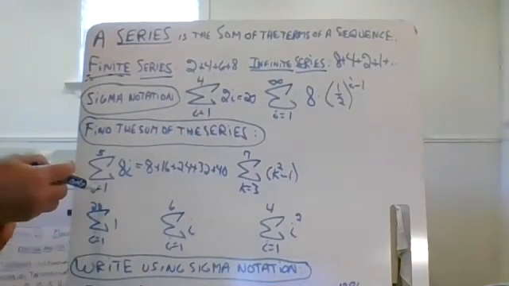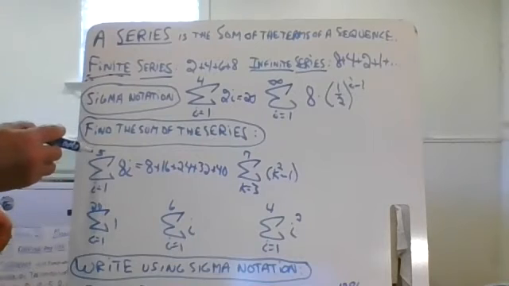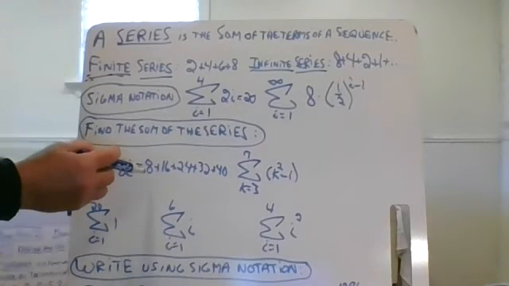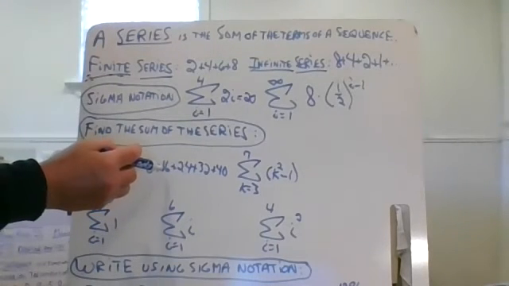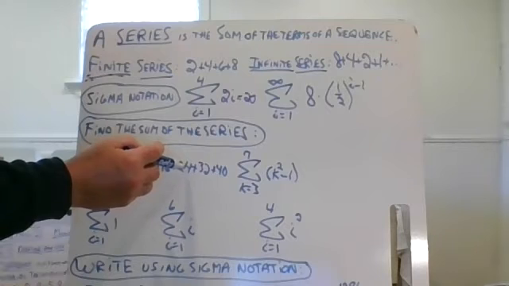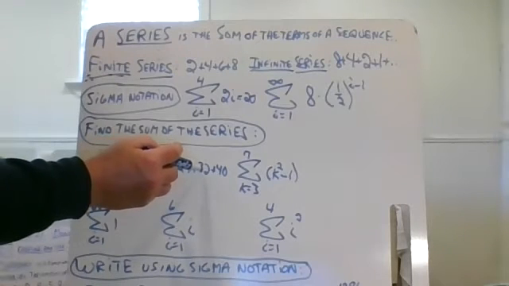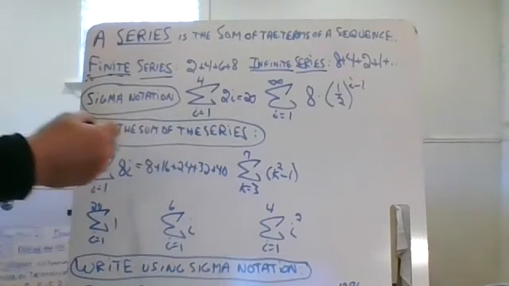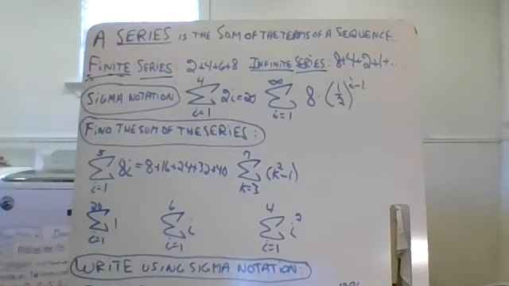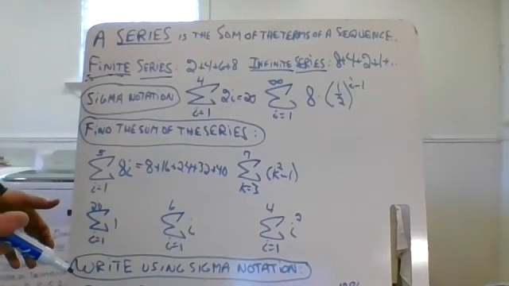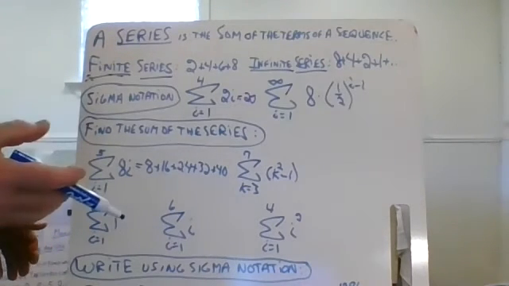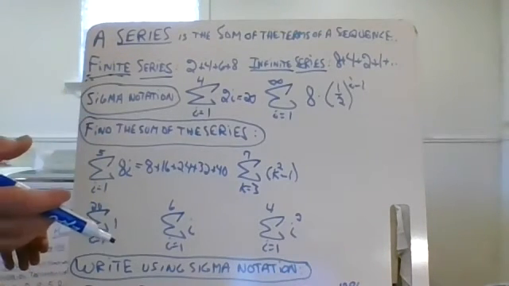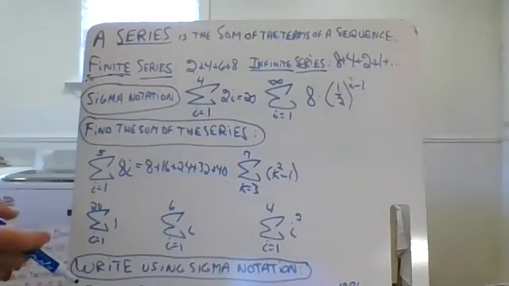So all you're doing is plugging in from 1 to 5. And now you add these up. 24 plus 24 is 48, plus 32 is 80, and plus 40 is 120. But that's all you're doing, nice and simple. Plug the numbers in, generate those numbers, and add them up.